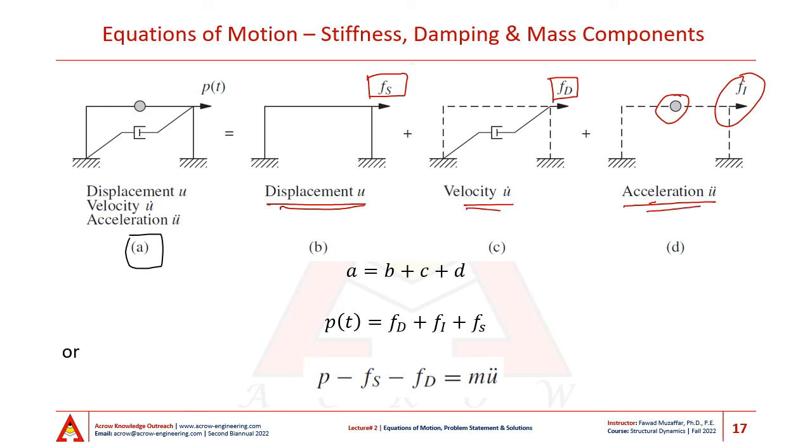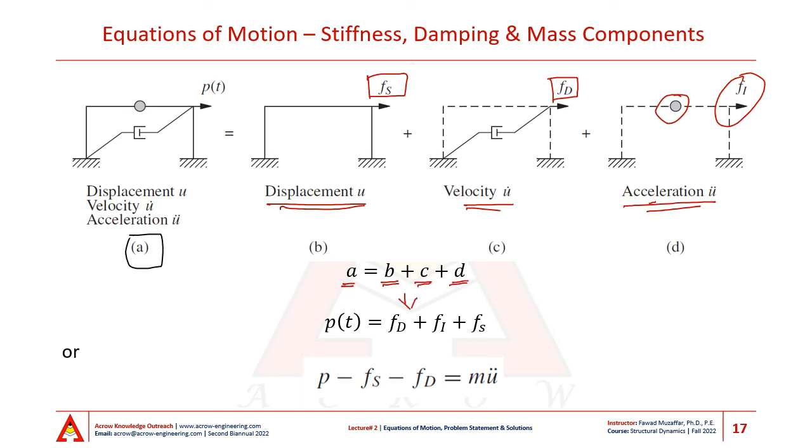Now, all of this mass, damper, and springs are subjected to the same lateral movement, identical lateral movement at all times, which means that my total force in the system, which is my system A, is equal to the force in system B plus C plus D.